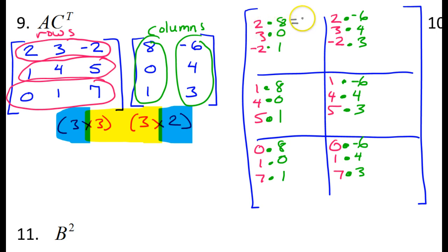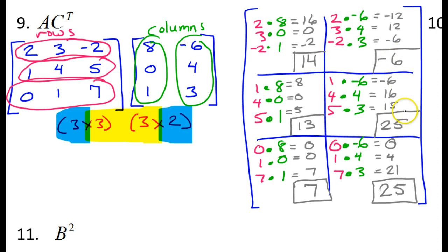Okay, so 2 times 8 is 16. 3 times 0 is 0. And negative 2 times 1 is negative 2. Then I'm going to add those up, and that's going to give me 14. I'm going to do the same thing off camera with all of the rest.